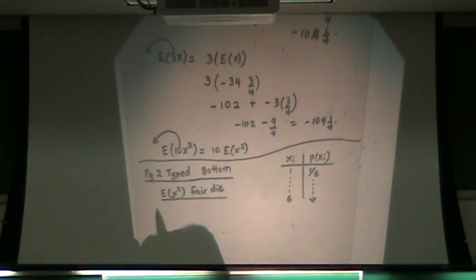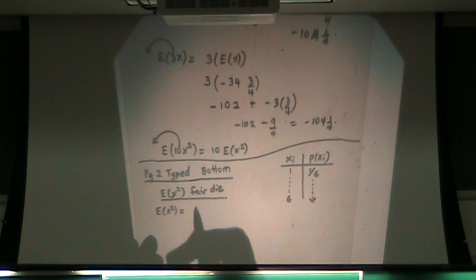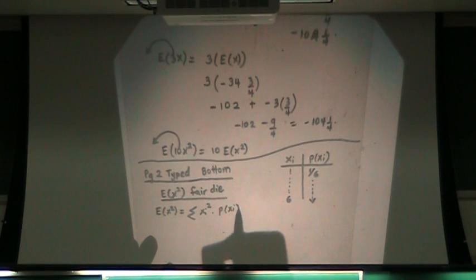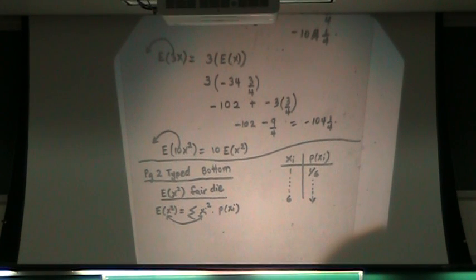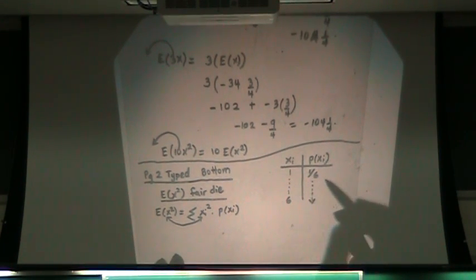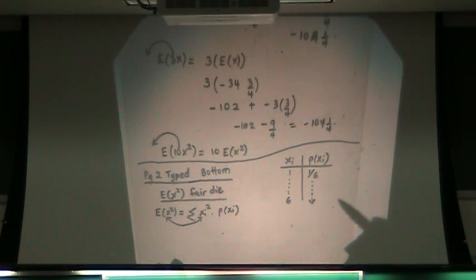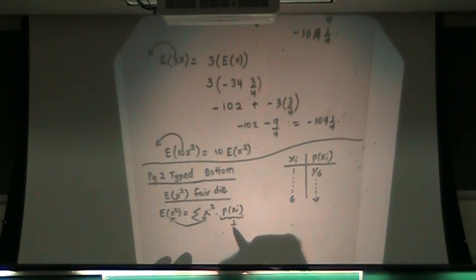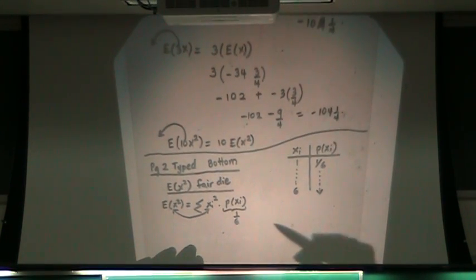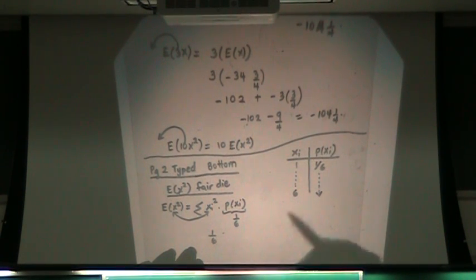So for E of x squared, I would have to do summation xi squared, p of xi. These match. That's all that's important, right? So square the x and times by the probability. But in this case, all the probabilities are 1/6. So how about I pull that out? They're all 1/6, right?